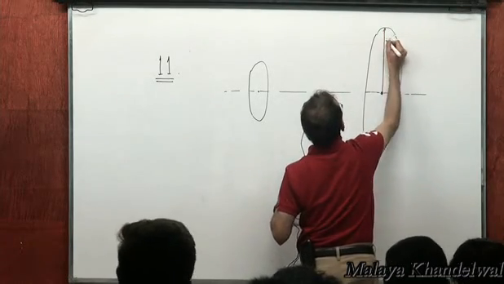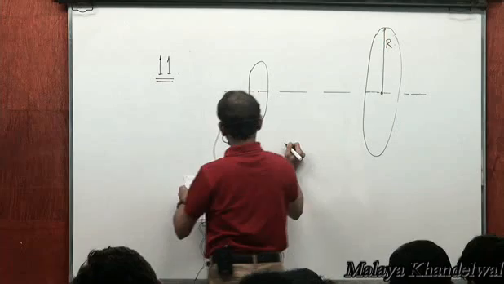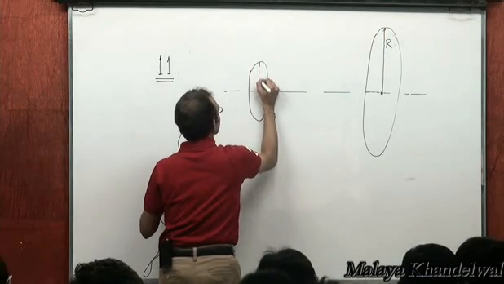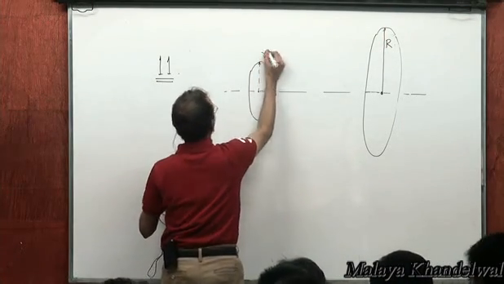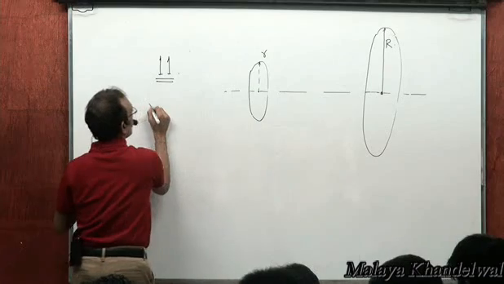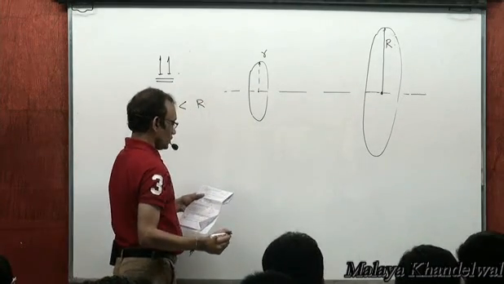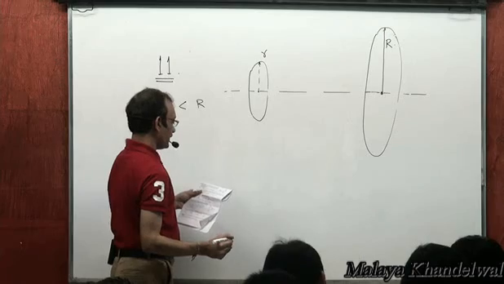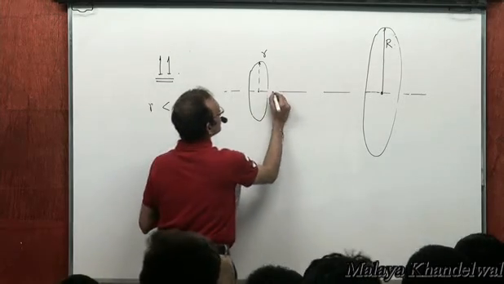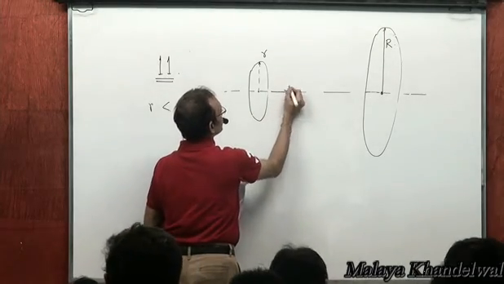This is of radius R. This is of radius small r, where small r is much smaller compared to capital R. Loop A moves towards loop B with a constant velocity v.